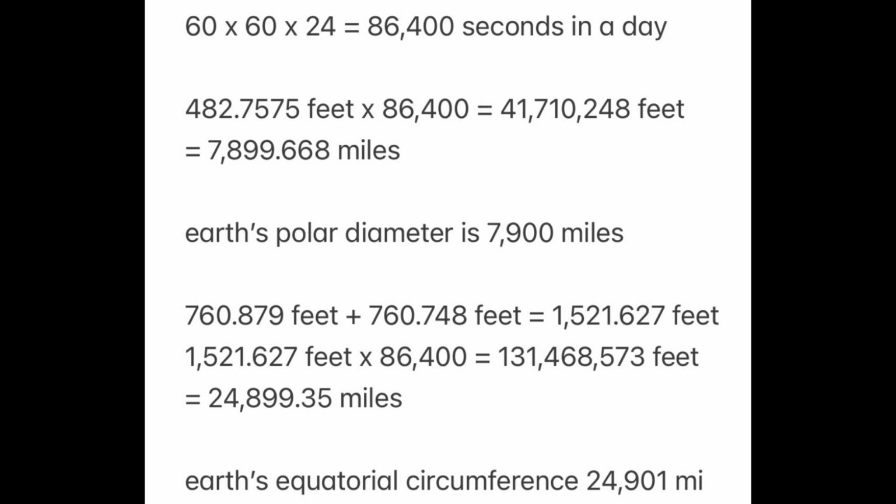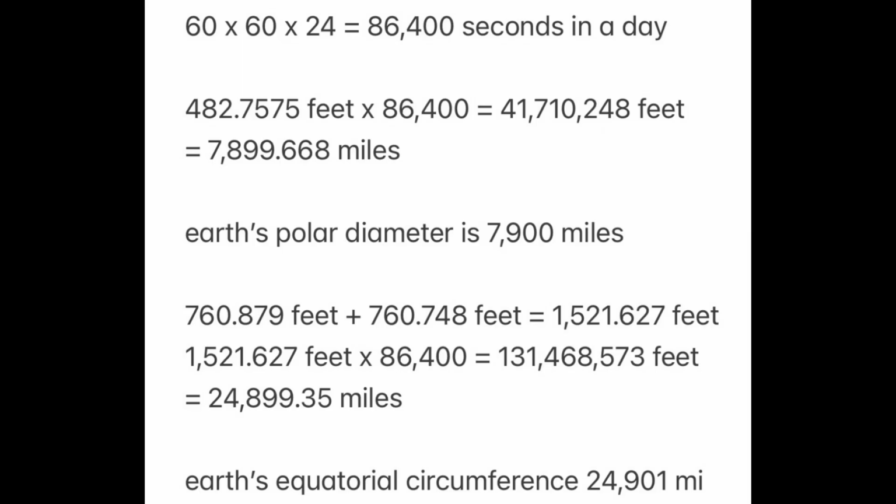Then if you take the north and east sides, like the base of the pyramid, just take two sides of it, for example, north and east, you have 760.879 feet, 760.748 feet. Add those together, you get 1,521.627 feet.